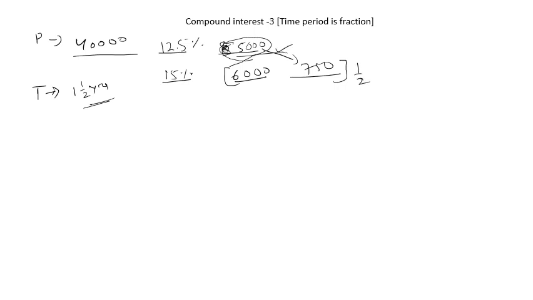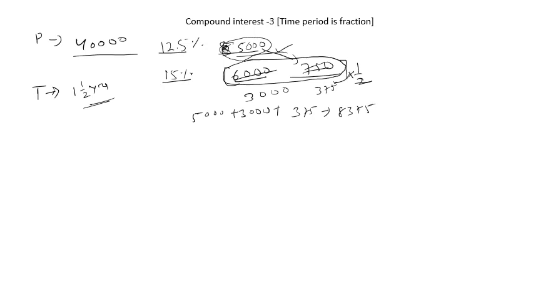So into half: 6,000 becomes 3,000, and 750 becomes 375, right? So your compound interest is 5,000 plus 3,000 plus 375, that is 8,375. I hope this part is clear.